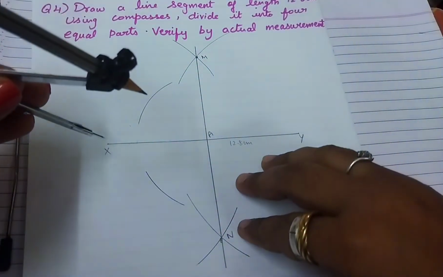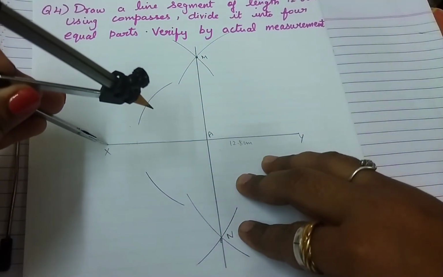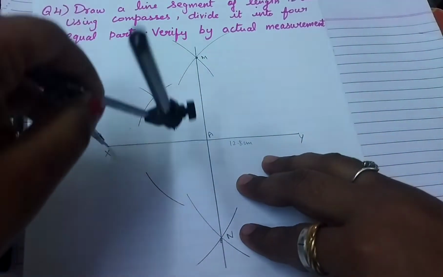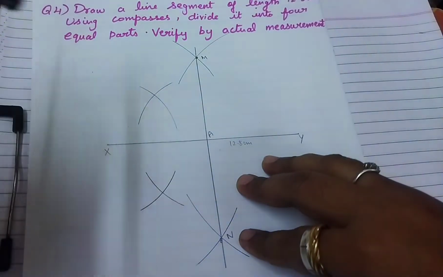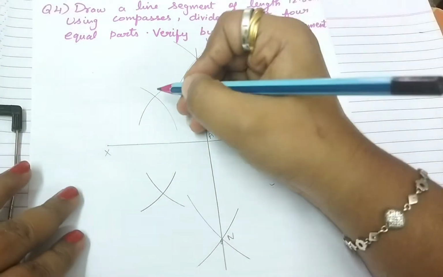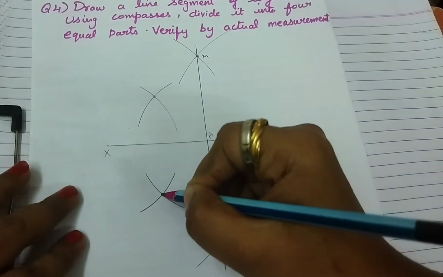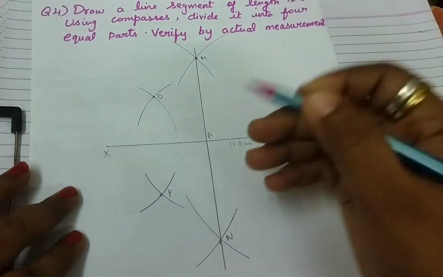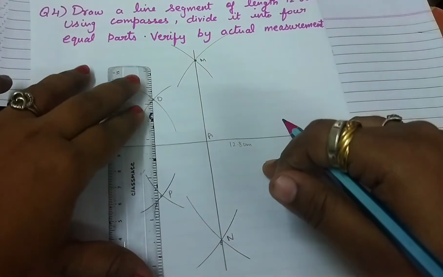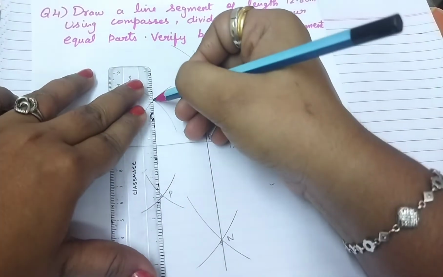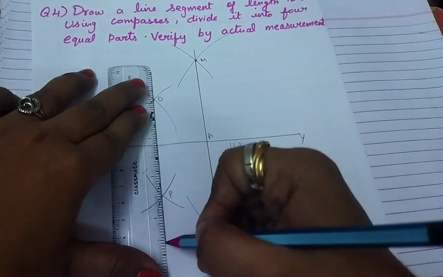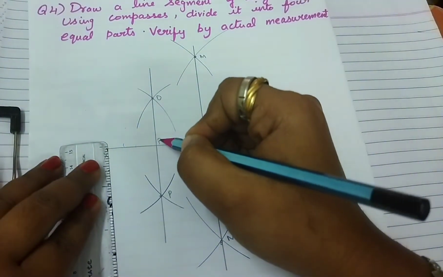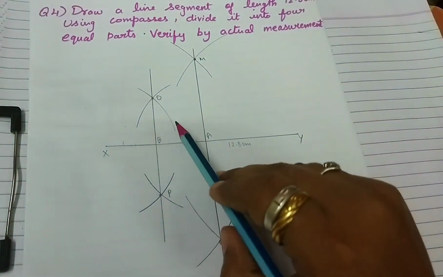Now I'll keep X as the center and draw the arc. Mark these intersection points O and P. Join the intersection points O and P. Mark this point as B. So now we have 1, 2.